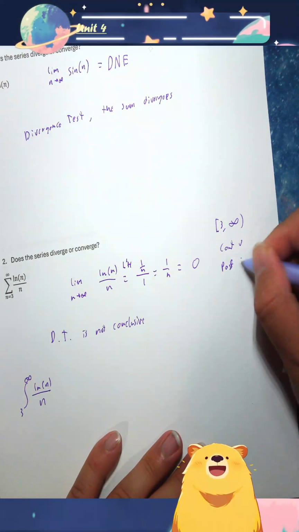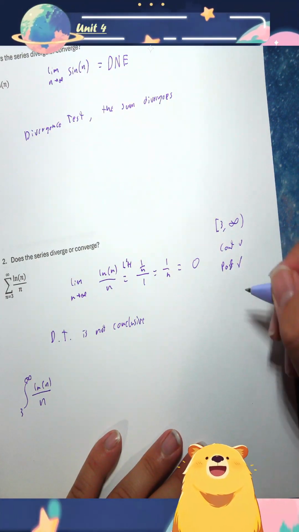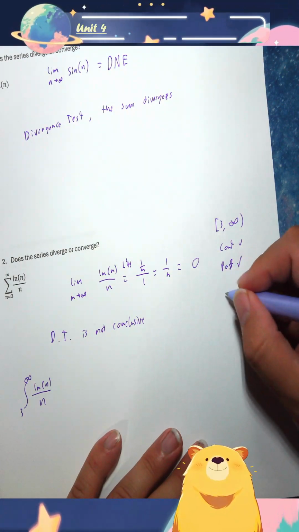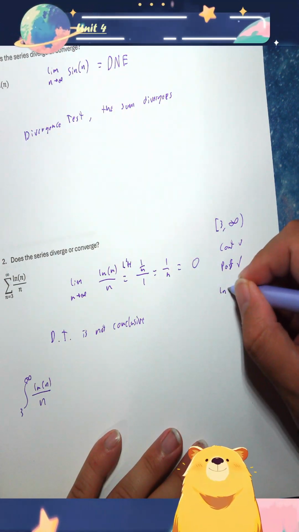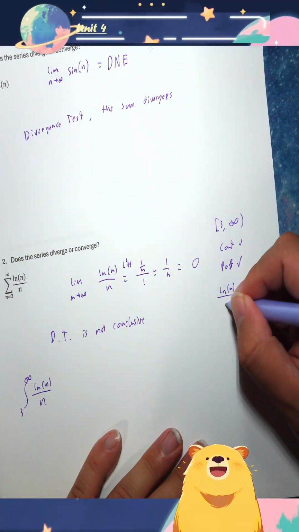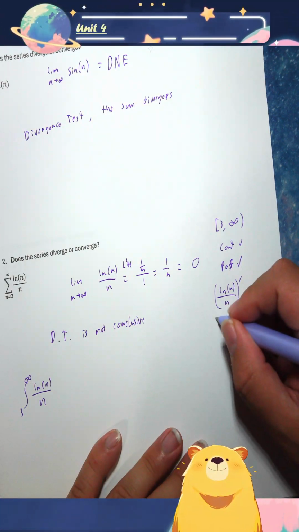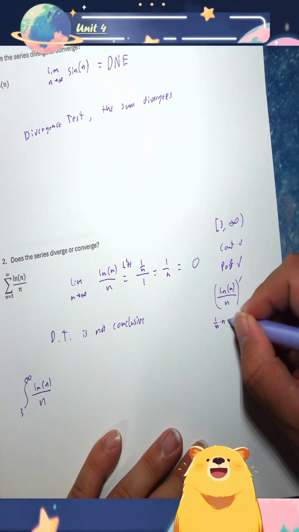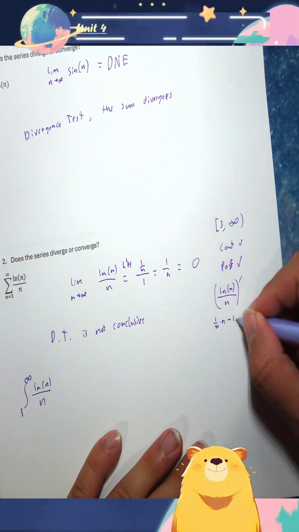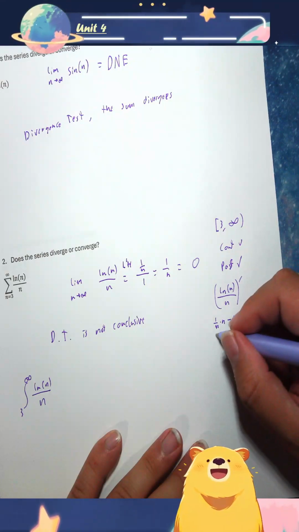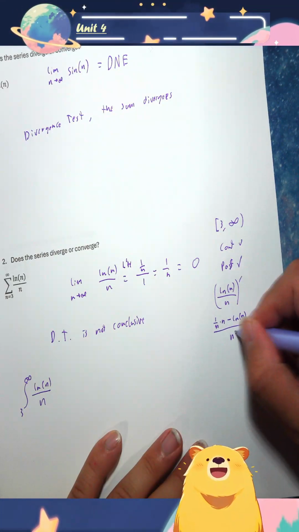But is it decreasing? Let's go ahead and just actually find the slope. f prime, we get 1 over n times n minus ln of n times this, which is just 1 over n squared.